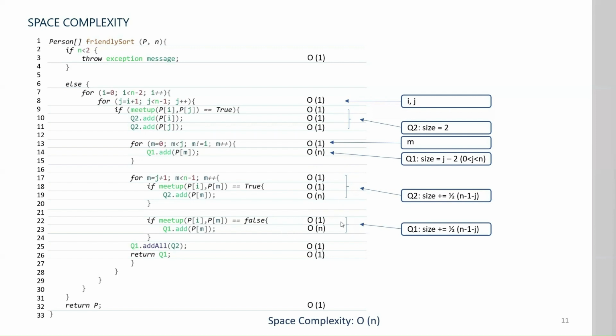The same thing with this loop: the size of Q1 will increase, so it also takes O(n). The return lines will be O(1). So the total space complexity of this algorithm will be O(n).